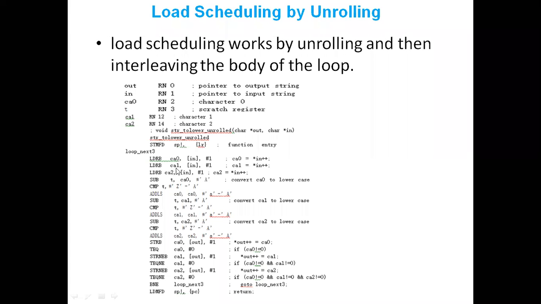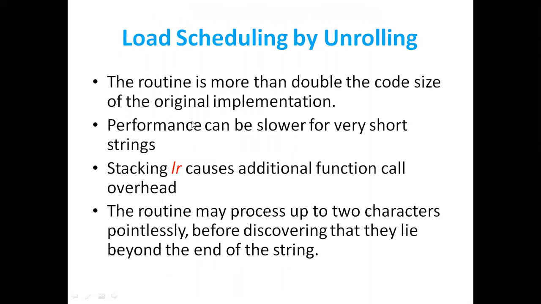So that is the major disadvantage of the unrolling. First, the routine is more than double the code size of the original implementation. The code size is huge compared to the original implementation, and the performance can be slower for very short strings. If the string is very small, let us say only in double digits, then the performance is going to be slower compared to larger strings.